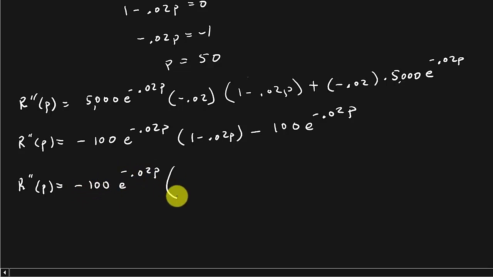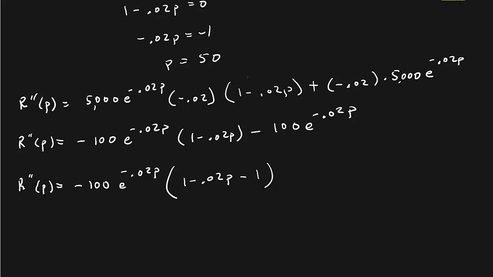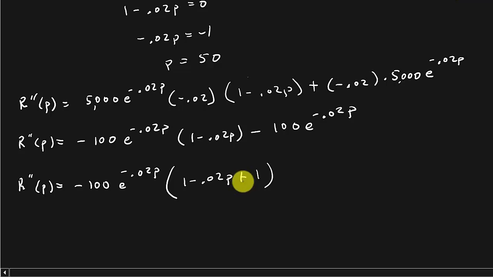If I take it out of this one, I'm left with 1 minus 0.02p. Take it out of this one, I'm left with plus 1. If I factor out a negative, that's going to change that to a positive.